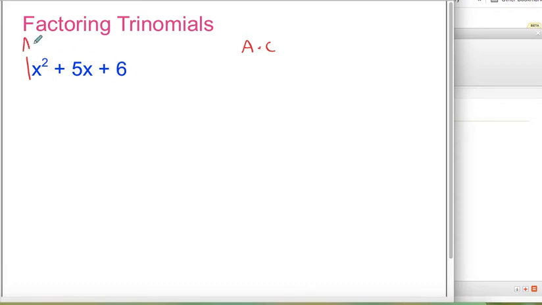The coefficient of your x squared is your A, the coefficient of your x is your B, and the constant is your C. So you want to think about A times C. Well, A here is 1 and C is 6. So the product of A times C here is 1 times 6 is 6.